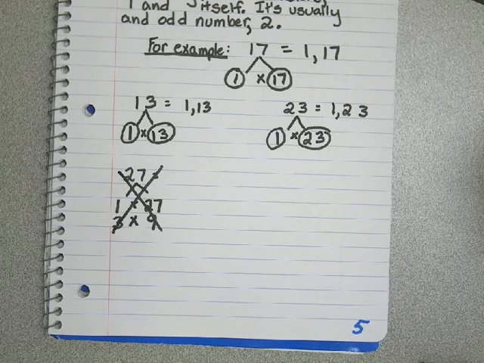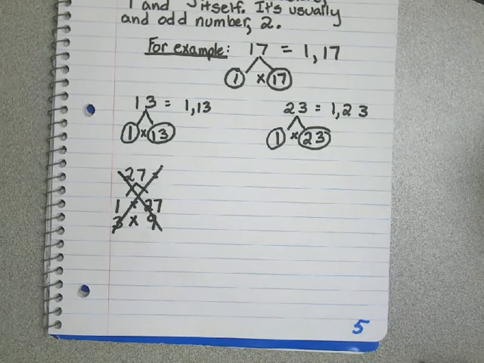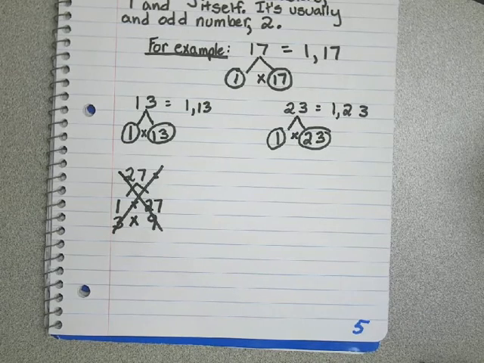Does 3? Yes, it does. How many times, Jackson? 9. 3 times 9. Is this number prime? No. Here is a non-example. 27 is not prime.